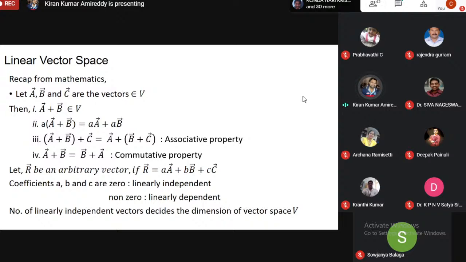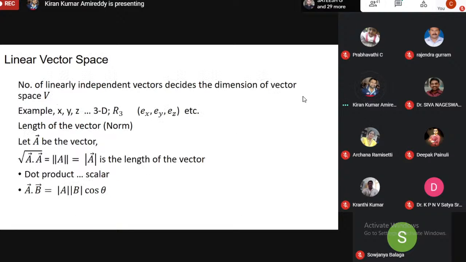If we are not able to express it, that means the coefficients are 0, then we can say the given vectors are linearly independent. There is no relation between one and another. It does not depend on the other, so it is a linearly independent vector system.